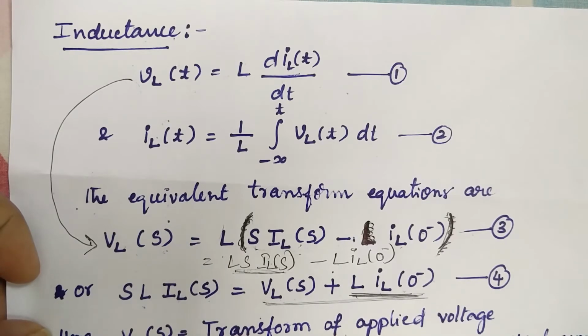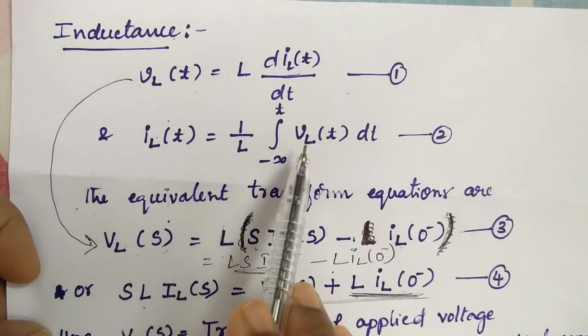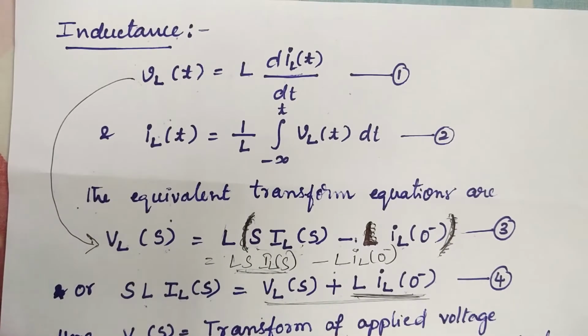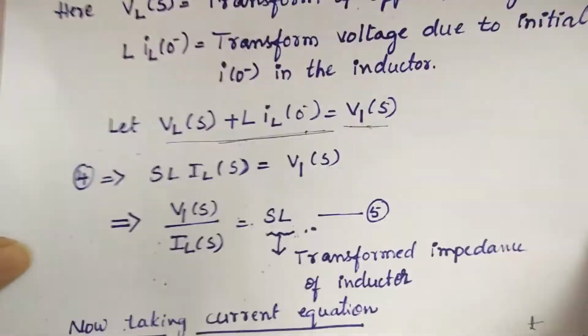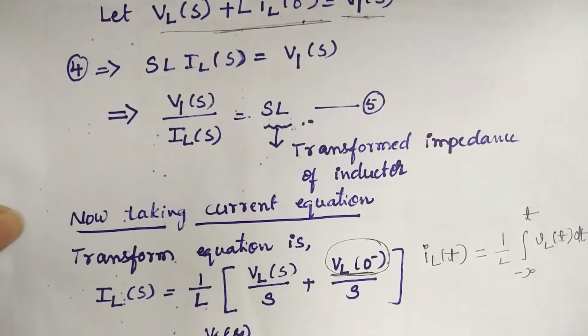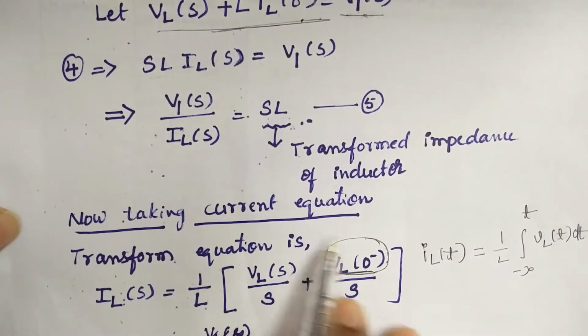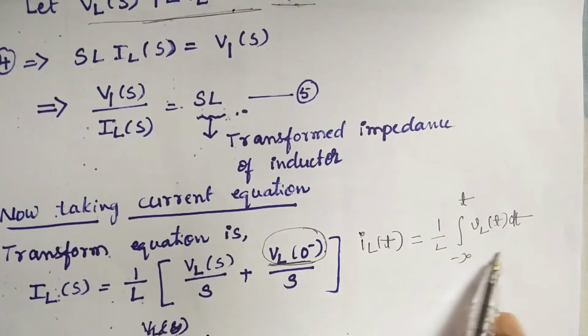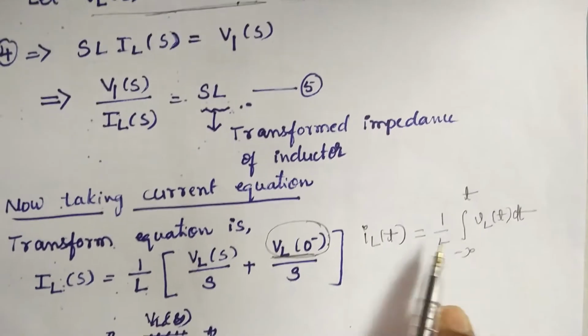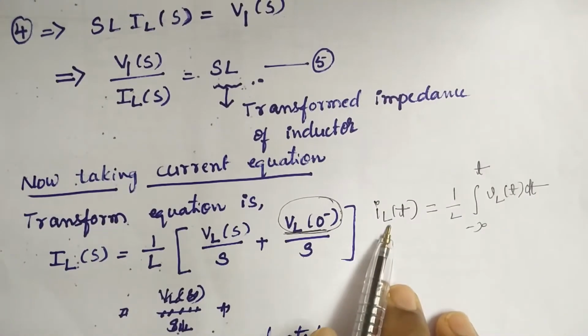Now the same thing can be obtained with equation 2 also. Let us see how. Now we are taking the current equation. For your reference I am writing this current equation again here. We are applying the Laplace transformation here.